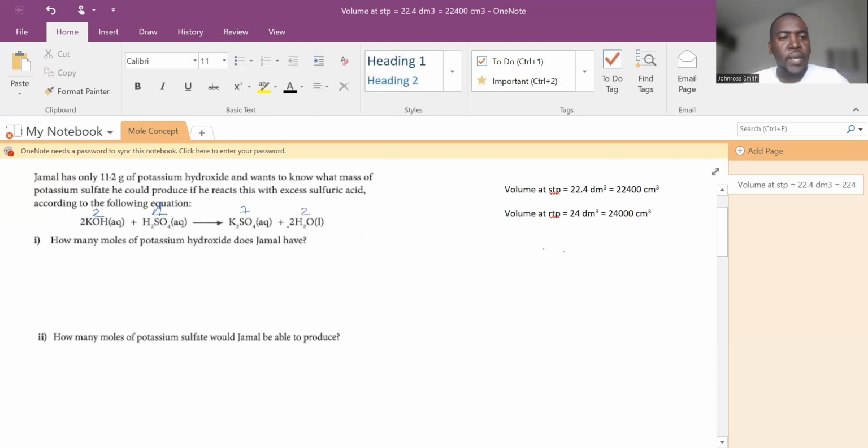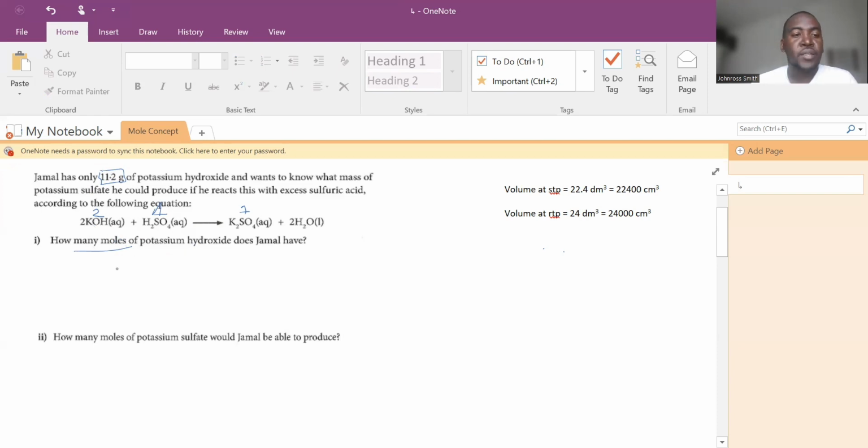But as you know, when we do experiments, we don't necessarily use these same ratios. So in this case, we use 11.2 grams of potassium hydroxide, which might not be equivalent to 2 moles. So the first thing here is to find how many moles of potassium hydroxide Jamal actually used.